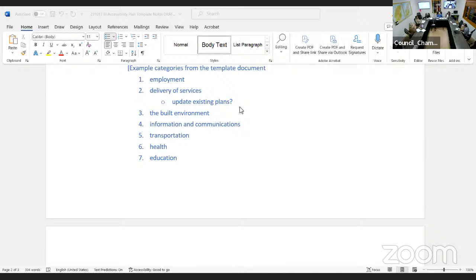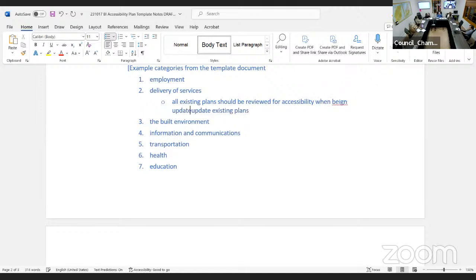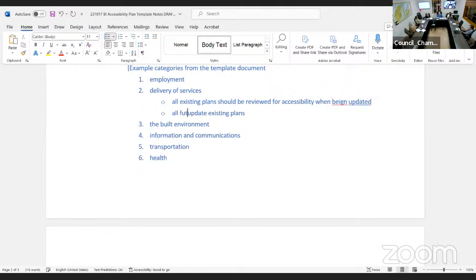I'm thinking of us creating a plan with some work items, but ultimately we can only recommend that other people, departments and committees do some work, but we don't have any authority over them. We're just making a recommendation, or we would recommend that a timeline be set to review things with an accessibility lens.